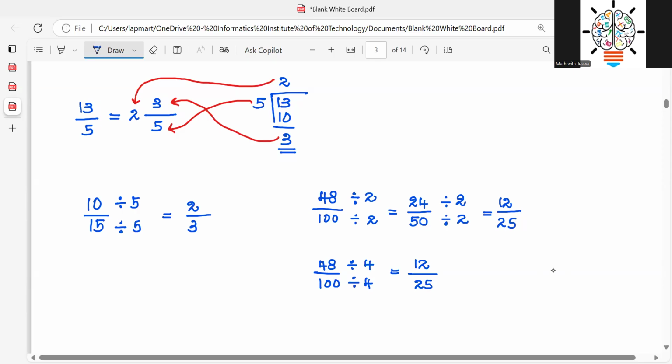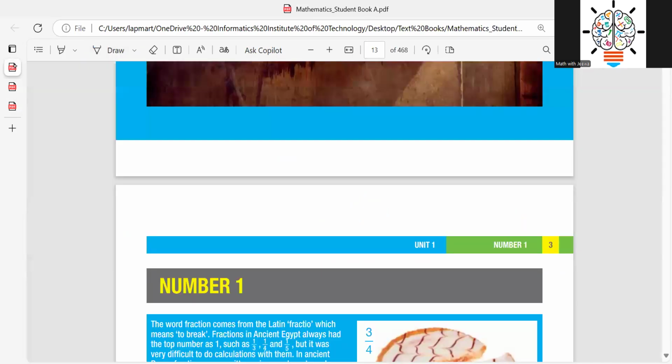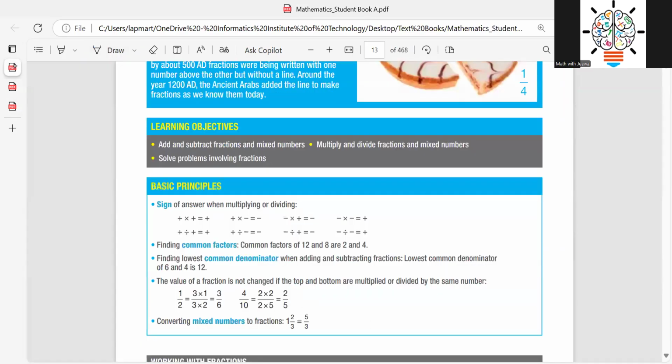That's the only issue you are having when you are doing it with the steps. Other than that, whatever the method you are following, it doesn't matter, children, right?